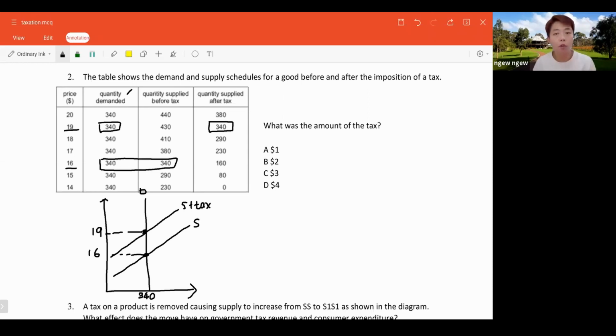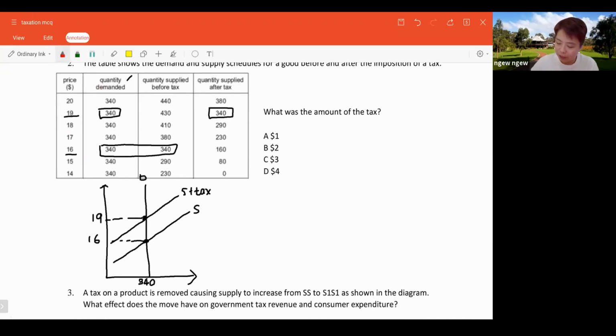Then we follow the steps. At your new equilibrium quantity, since your new and old quantity is the same, this is your Q. Find out the vertical distance between the 2 supply curves. That is your tax per unit. So you can see it's 3.